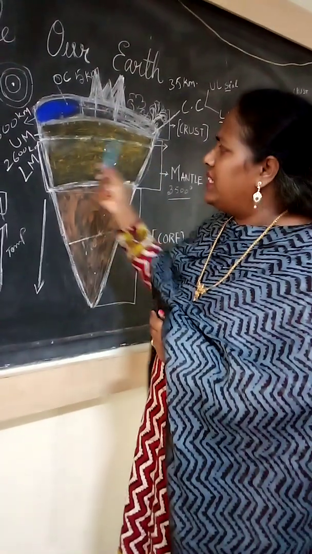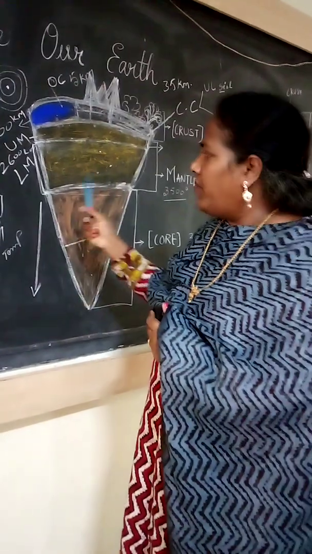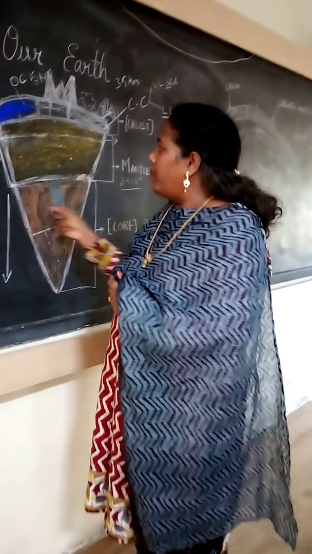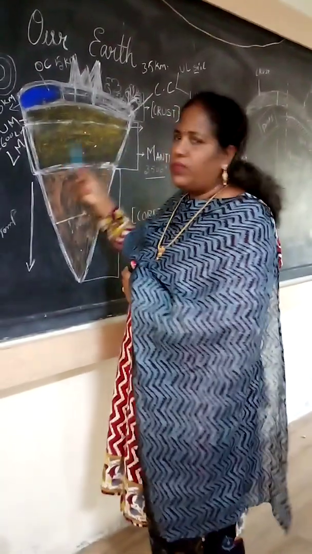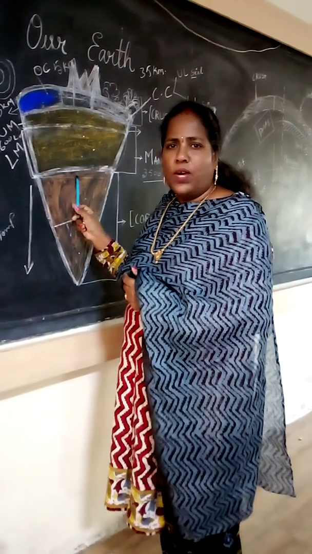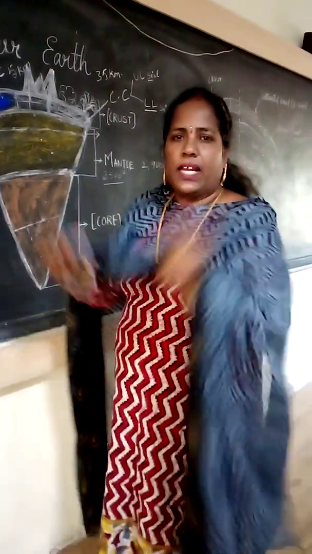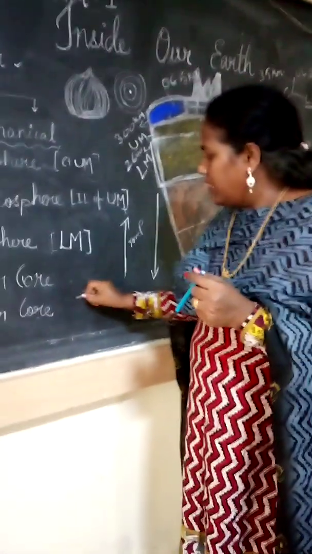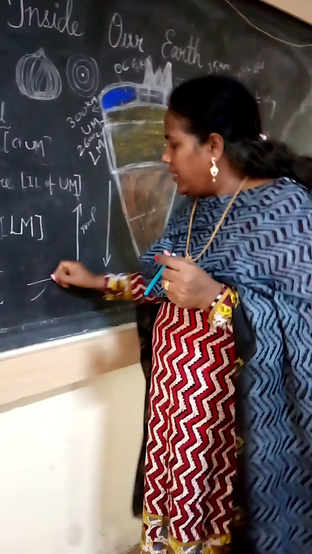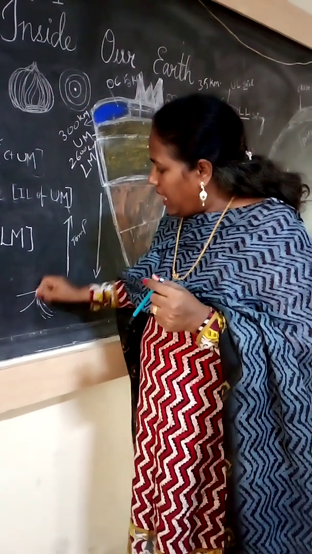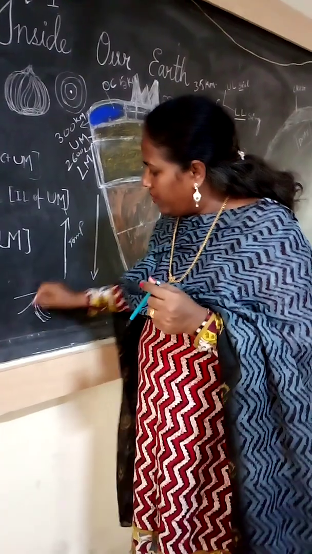Then what can we see in the upper mantle and in the lower mantle? In the lower mantle we can see the liquid form, that is called magma. You know the volcanoes. When volcanoes erupt, from inside the mantle the magma is coming out in liquid form.